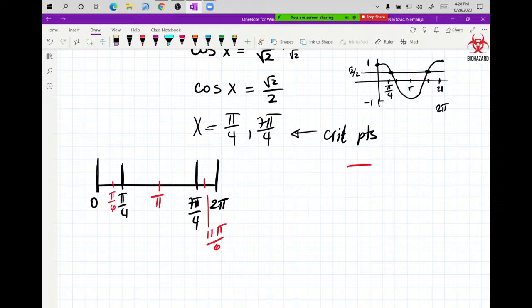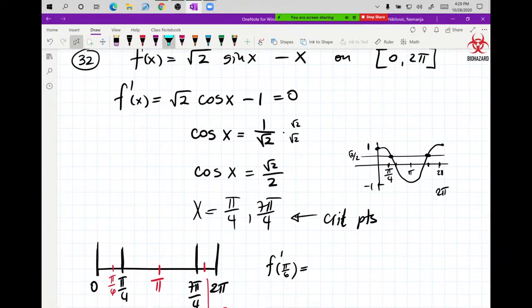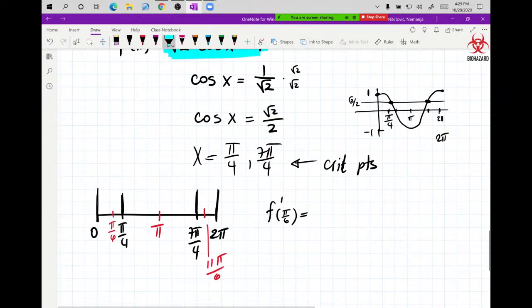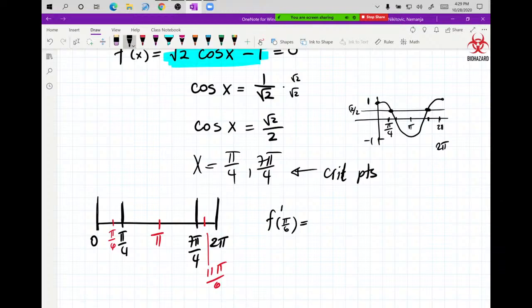Okay, cool. So now we have the test points, and all we need to do is to run our first derivative test using these test points. So now we have three calculations. So we have f prime at pi over 6. Now remember, you have to go find your first derivative, and that's where you plug in pi over 6 test point. So that's root 2 cosine of pi over 6, everything minus 1.